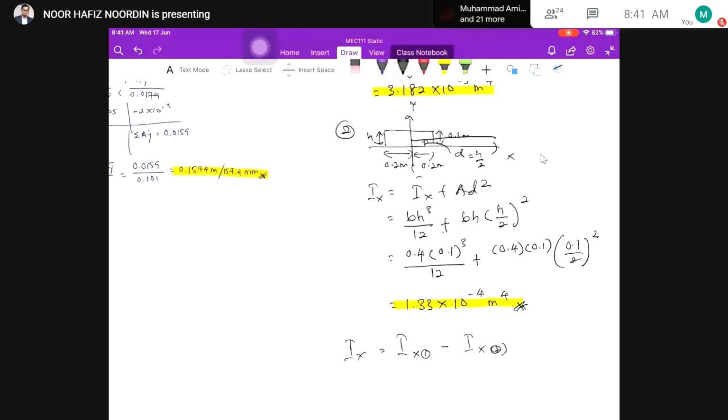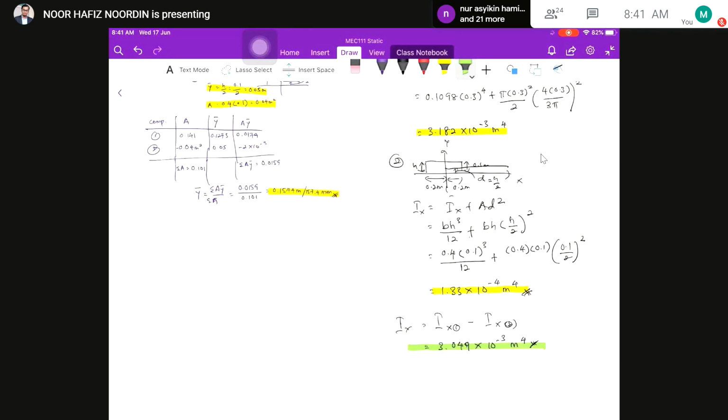Dia bukan dalam shape yang kita nak cari. Kita kena tolak. So bila you salah titik puluhan tadi untuk shape number 2 tadi, what happen? The total Ix tu akan jadi salah lah. Okay. So and then the total Ix is actually 3.049 times 10 power of negative 3 meter power of 4. Okay. This is the answer for this question.